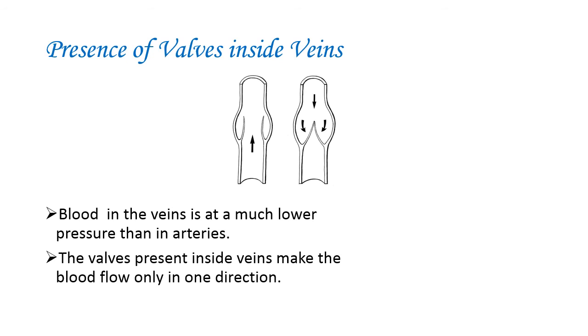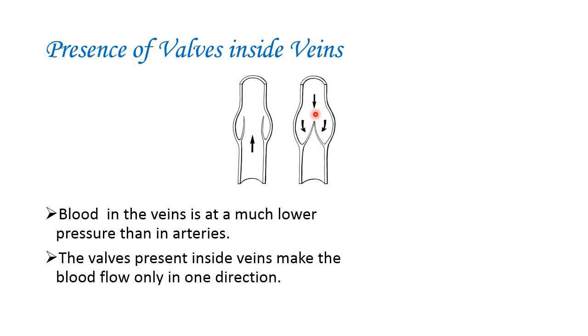Now let us see the significance of valves in the veins. These are the valves. If you see the diagram, these are the valves in the veins. Now when blood flows in this direction, the valves are open. When the blood tries to come back into the vein, it fills the pocket and the valves automatically close.